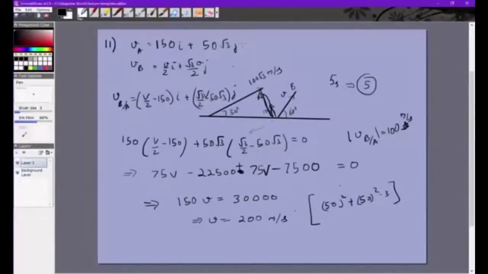Now there's actually an easier way to do this. You do not have to assume all of that. This question could actually have been solved purely geometrically as well. If we take this to be VA, then this is VB, and they are at an angle of 30 degrees. And VB minus VA will be this vector.